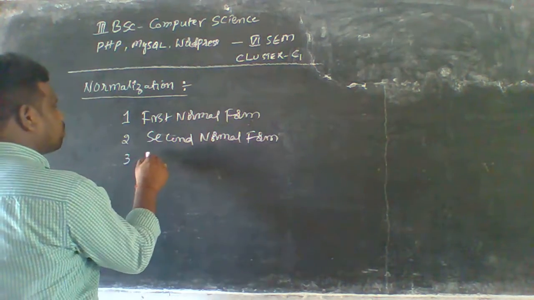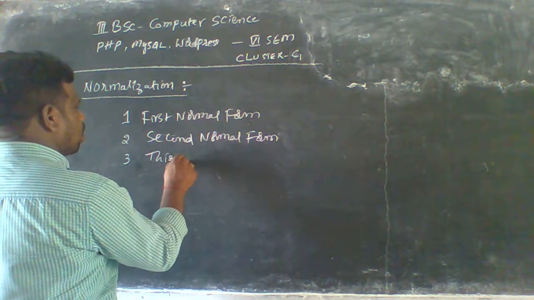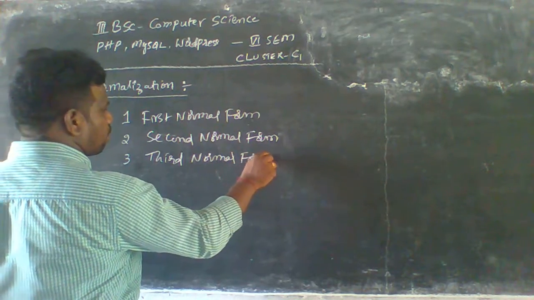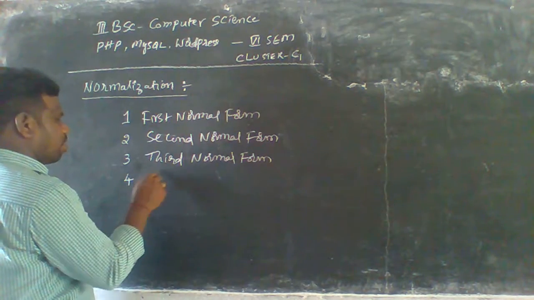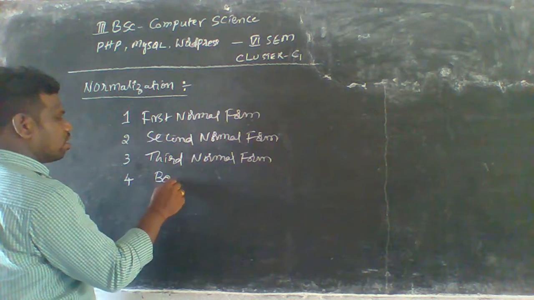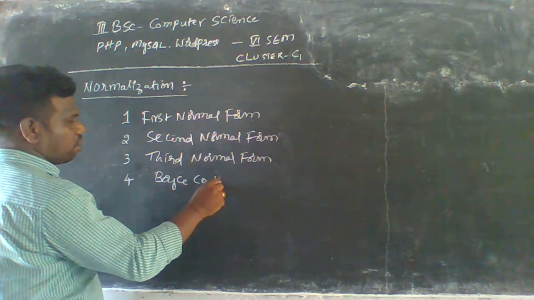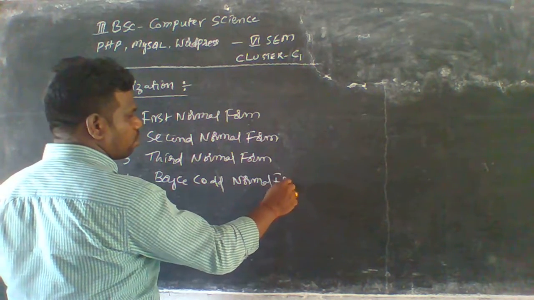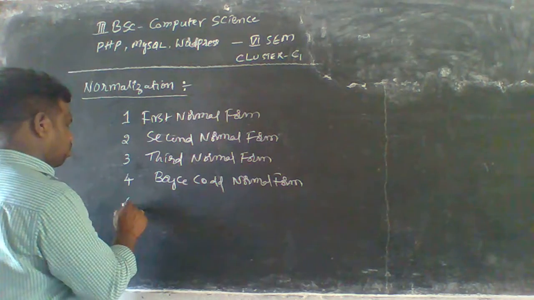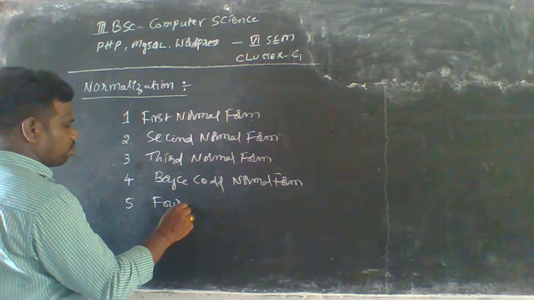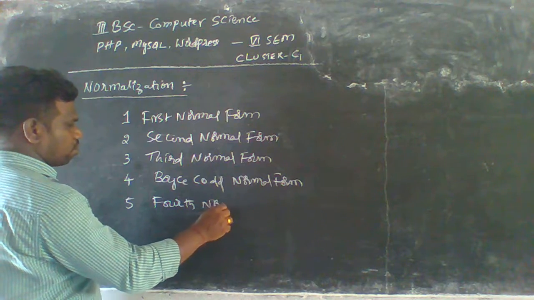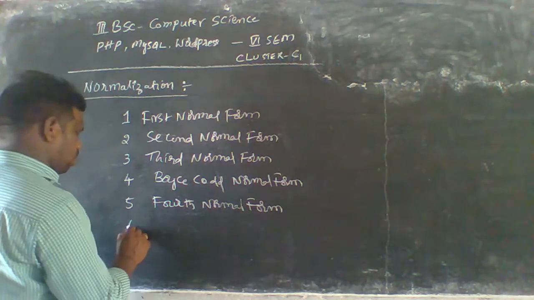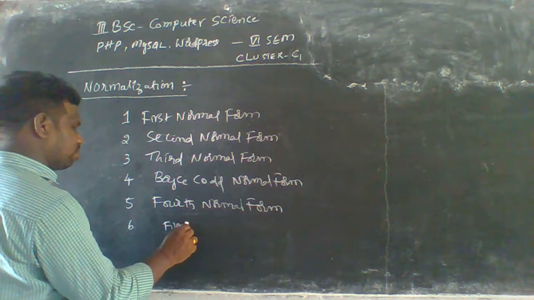The third one is the third normal form, and the fourth one is the Boyce-Codd normal form. The fifth one is the fourth normal form, and the sixth one is the fifth normal form.